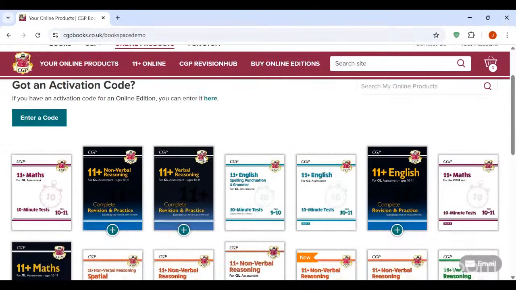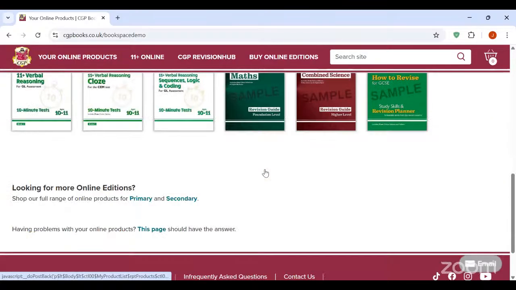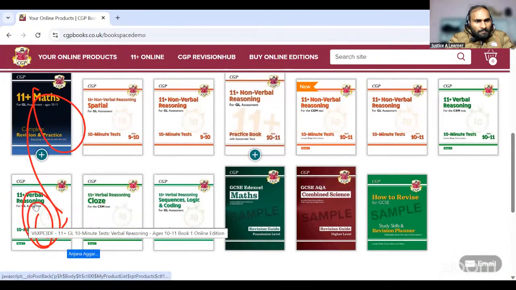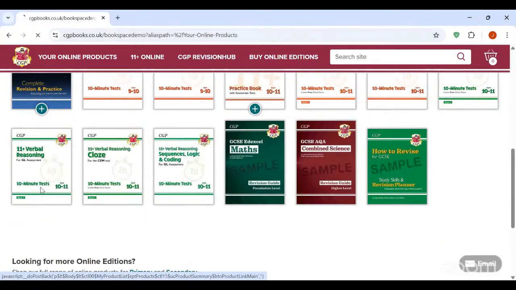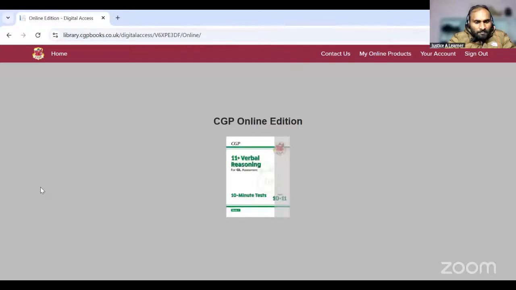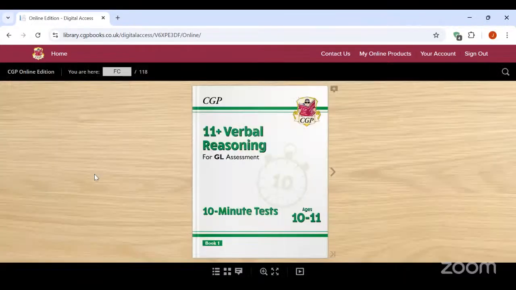It's if you go all the way down. This one. Yeah. Test number 24. That's number 24.